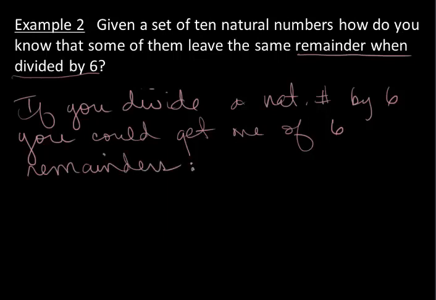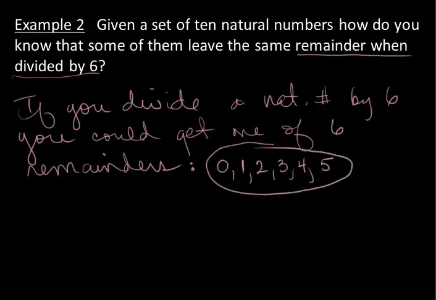If the number is evenly divisible by 6, you have a remainder of 0. Or if it's a number like 19, you get a remainder of 1. You could get a remainder of 2, 3, 4, or 5. But every natural number, if you divide it by 6, is going to leave you with one of those 6 remainders.